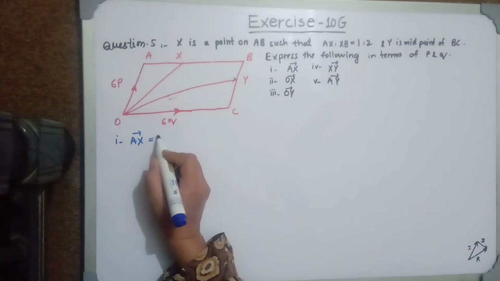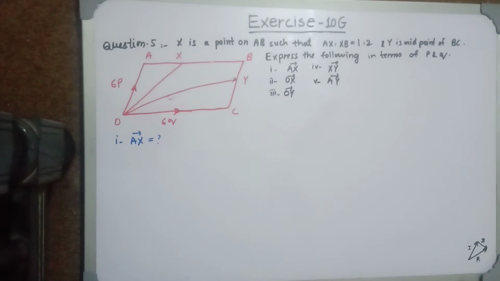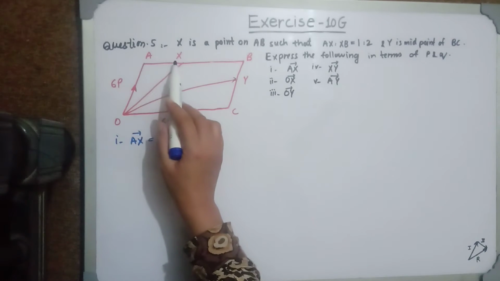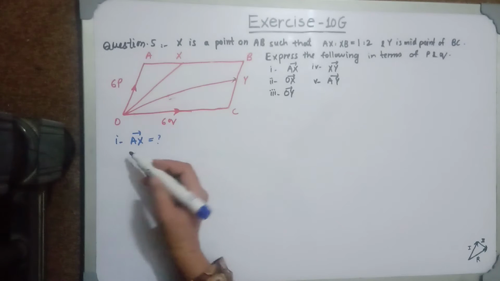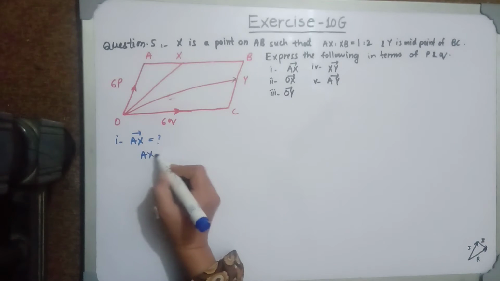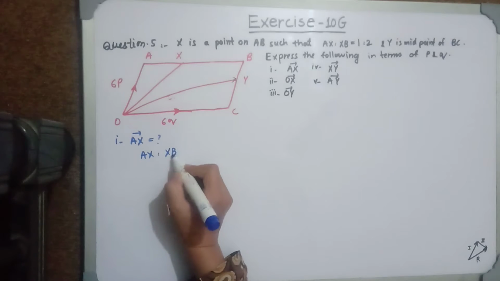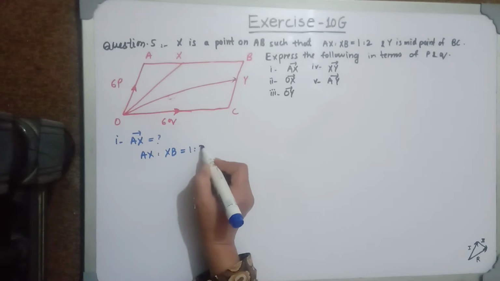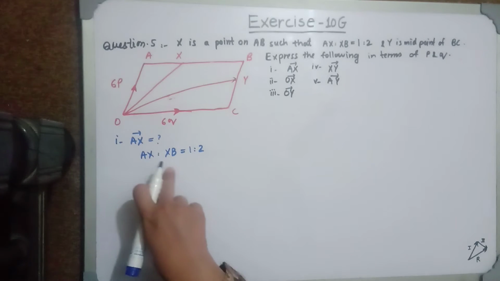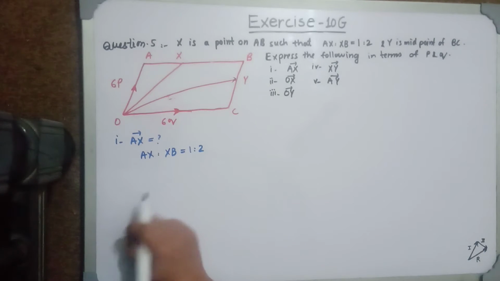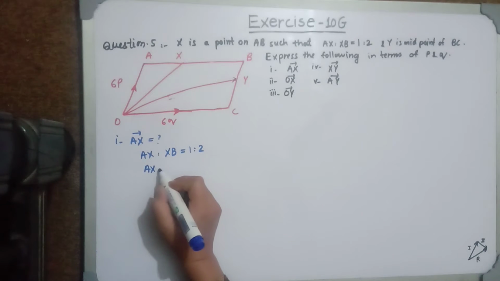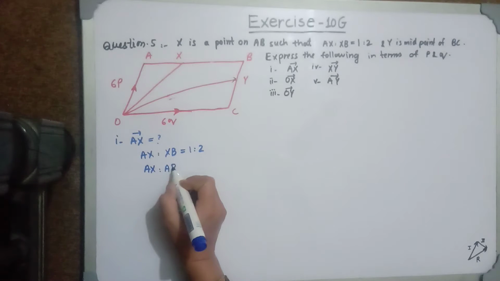Okay, we're going to find it. To find AX, I'll take the ratio of AX to AB. I'm going to use the condition given here, that AX ratio XB is equal to 1 ratio 2. I can alternatively write this ratio as AX ratio AB.